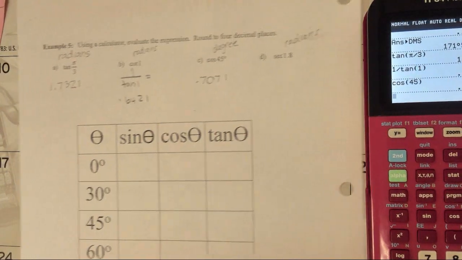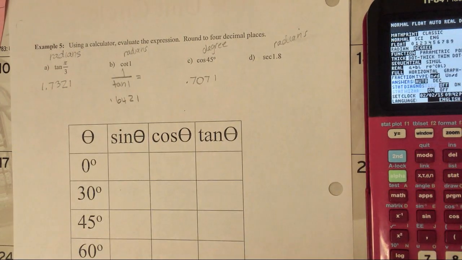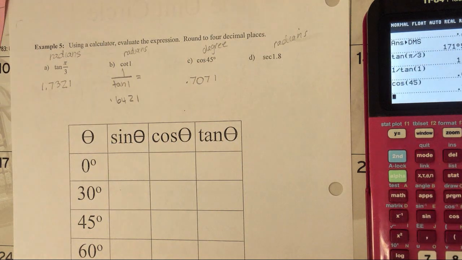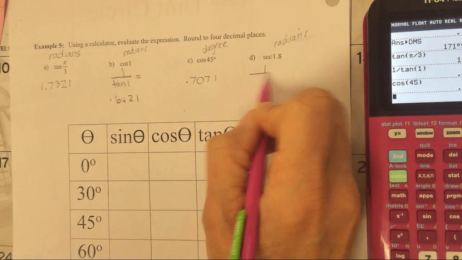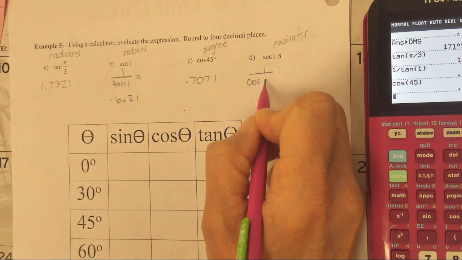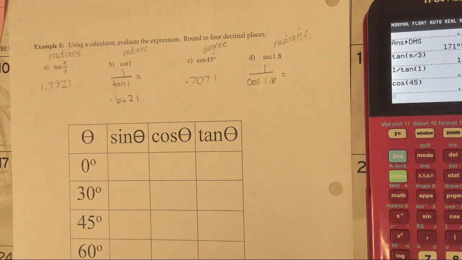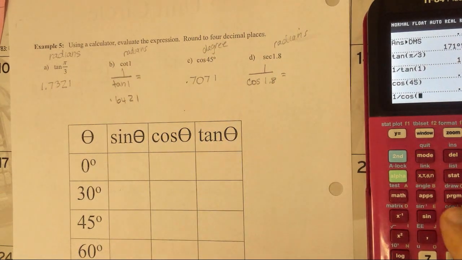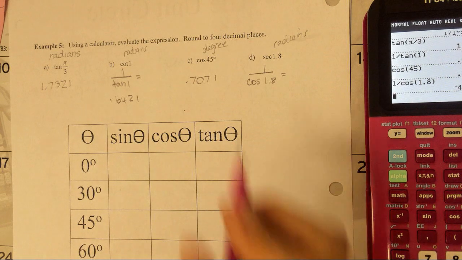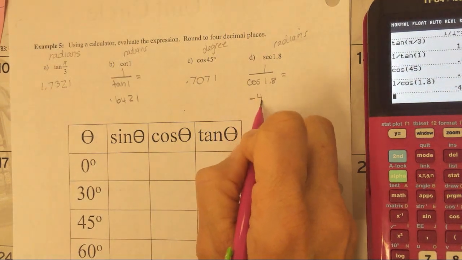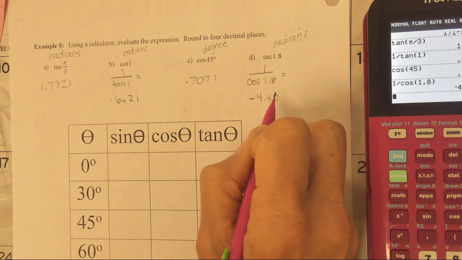And then finally secant of 1.8, again we're back in radians. And then you will type in secant is reciprocal of cosine, so 1 over cosine of 1.8. So 1 divided by cosine 1.8 equals negative 4.4014.